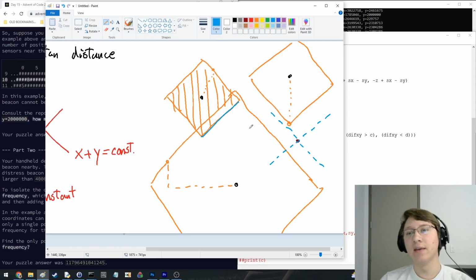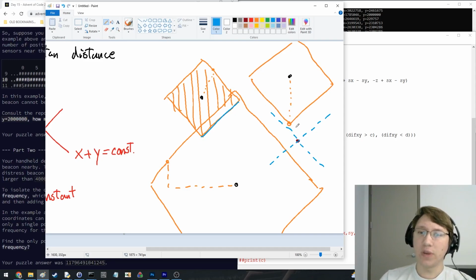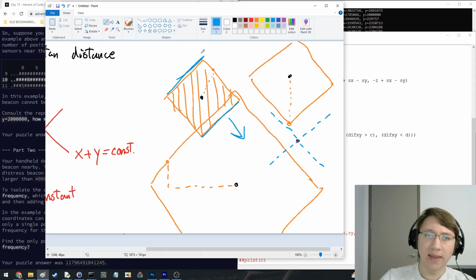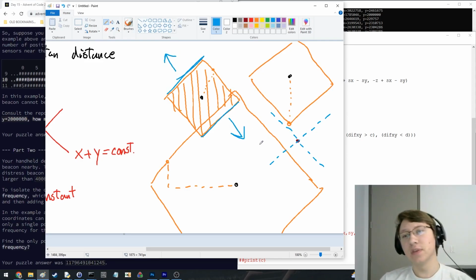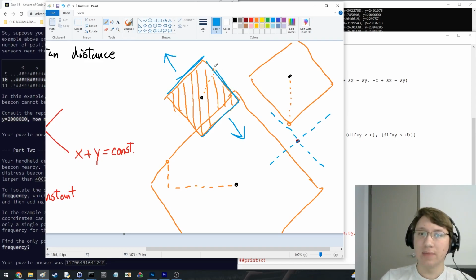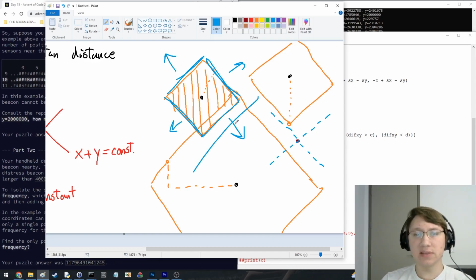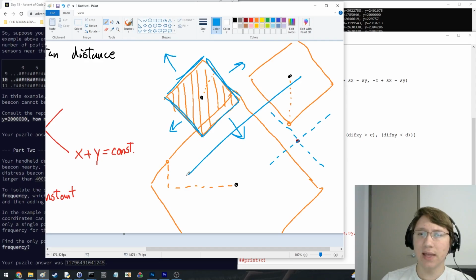I don't know if I'm saying that right, but just look at this one orange diamond up here. We know that our target point must be on a main diagonal that is further in this direction, or on a main diagonal that is further in this direction, or it can be on an off diagonal that is further in this direction, or an off diagonal that's further in this direction. And if it's this diagonal, any point along here is fine. If it's this diagonal, any point along here is fine, at least with respect to this orange diamond.